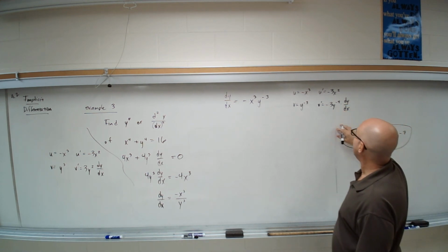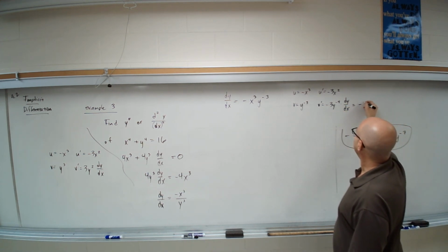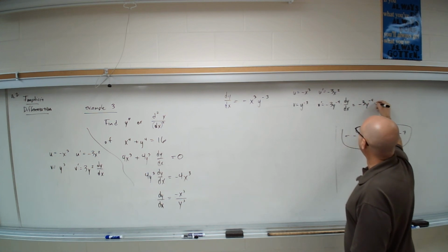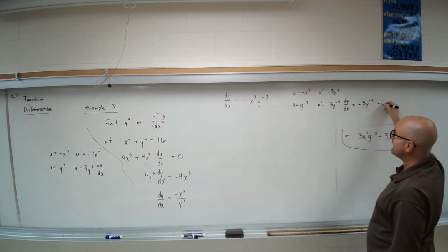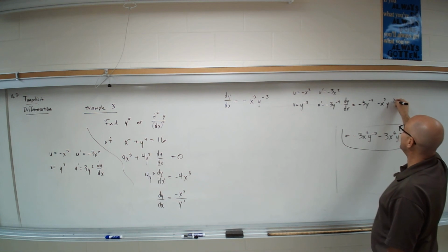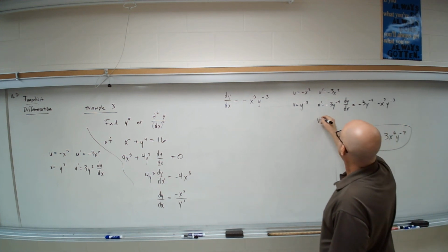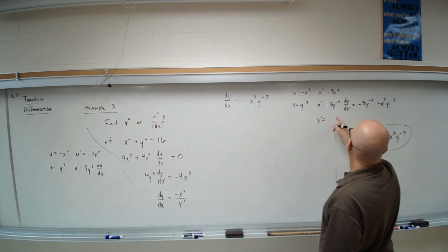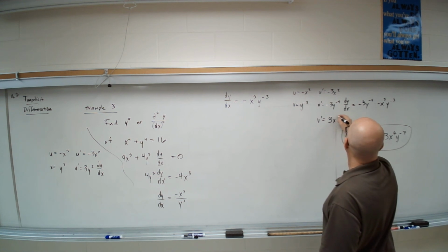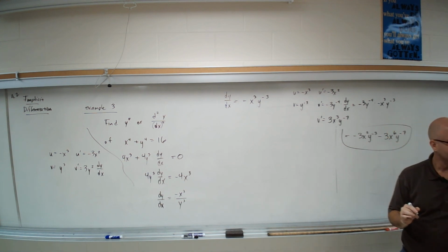So if we did that, that would be negative 3y to the negative 4th times negative x cubed y to the negative 3rd. Does that seem reasonable to everybody? And that's going to give us 3x cubed y to the negative 7th.